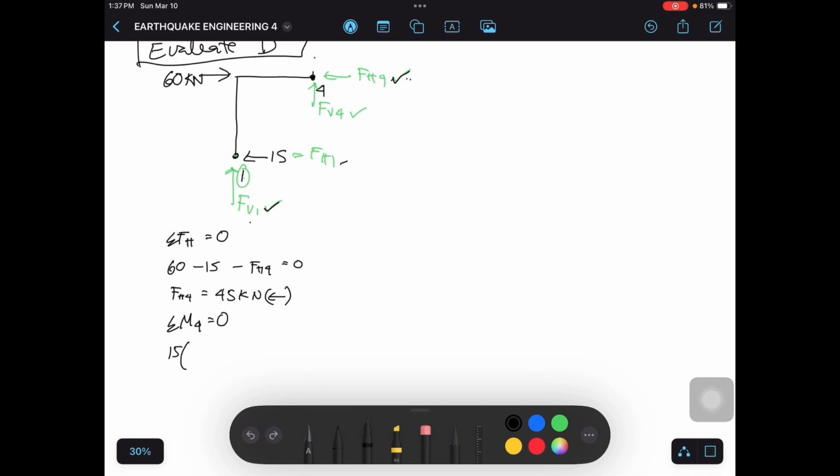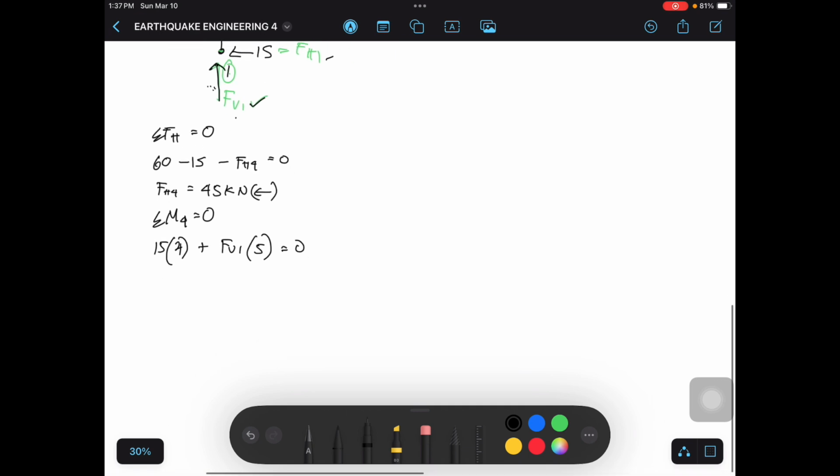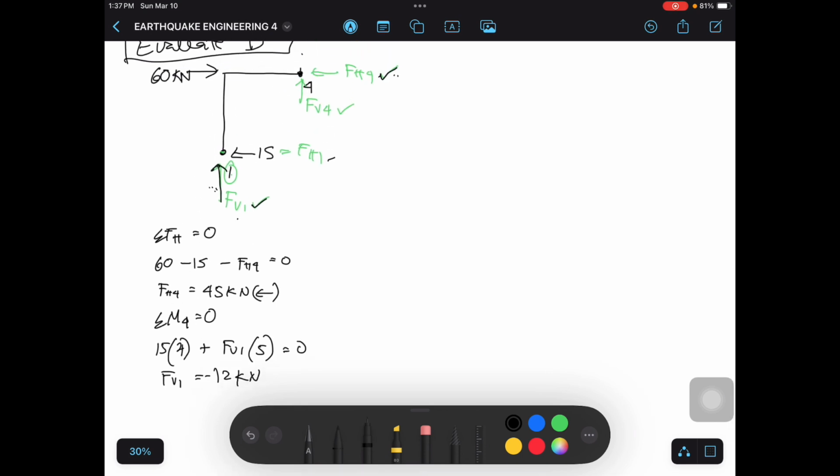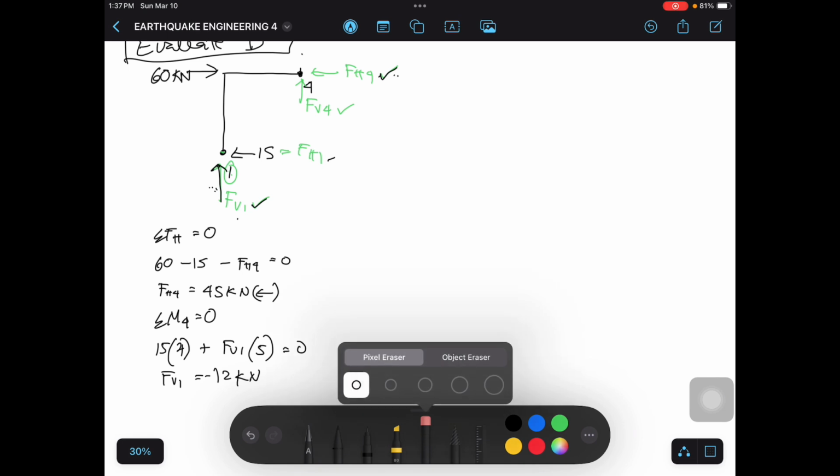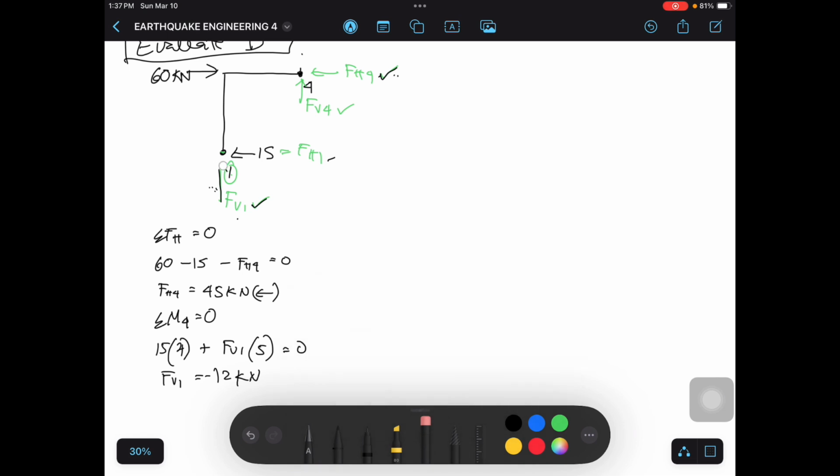It's 4. And then, clockwise yun. Since upward ang assumption nating direction ni FV1, it's also clockwise. Times yung moment arm na 5 equals 0. So, we can get the value of FV1 magiging equal to negative 12 kilonewton. So, ibig sabihin, mali pala yung direction na inassume natin for FV1. So, let's correct it, syempre.